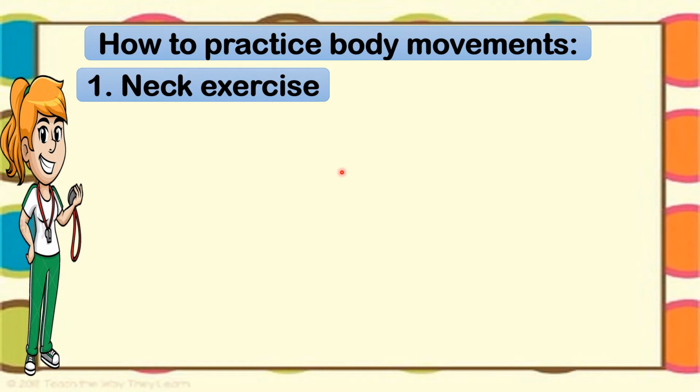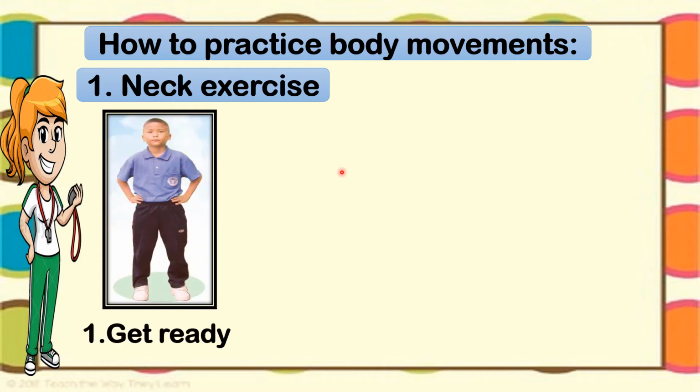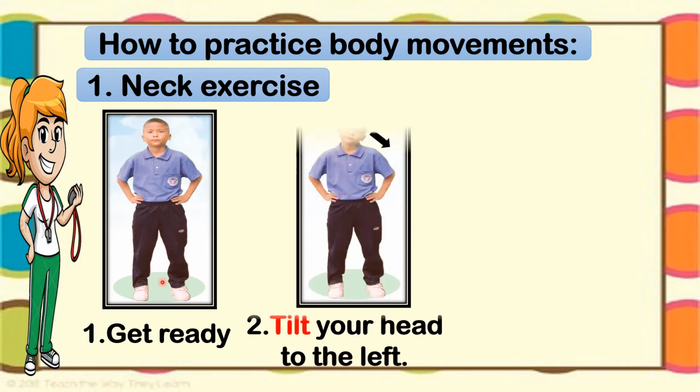When you do neck exercise, what is the first thing that you should do? Number one here is you need to get ready. So you need to stand straight, your hands on your waist, and you can put your feet apart.